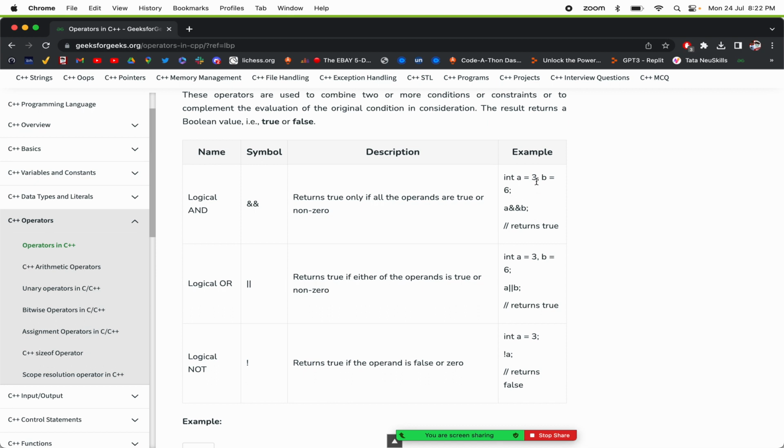If a, for example, would have been 0, then it would have checked 0 and b. 0 represents false, so it would have checked false and true, and whenever one of the operands is false, the whole thing would have given us false. So a and b would have given us false.